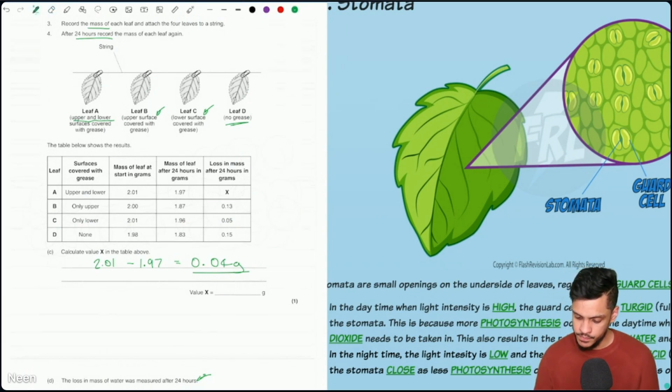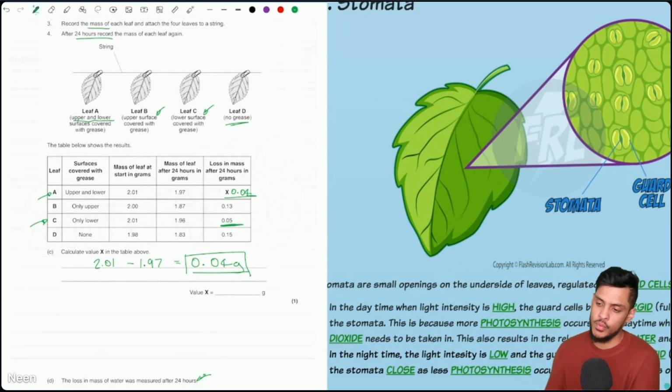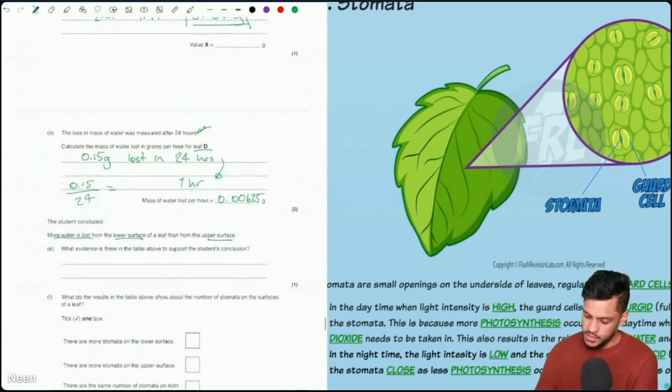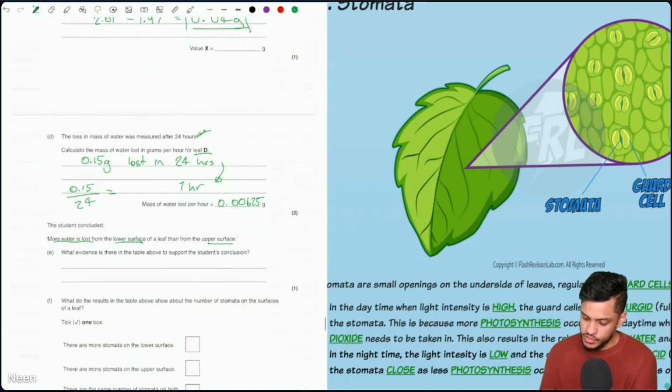So here, when the lower one is covered, the mass that's lost is very low. Here, the upper and lower are covered, and we calculated that as 0.04. Let's write that in here. So leaf A and leaf C are the ones where the lower one was covered. So it does support that, because whenever the lower surface of the leaf was covered, less mass was lost.